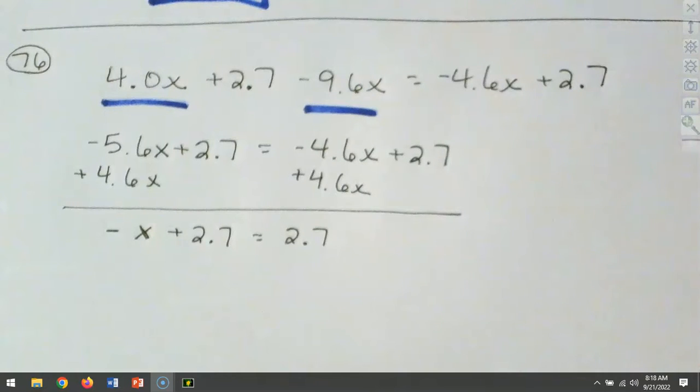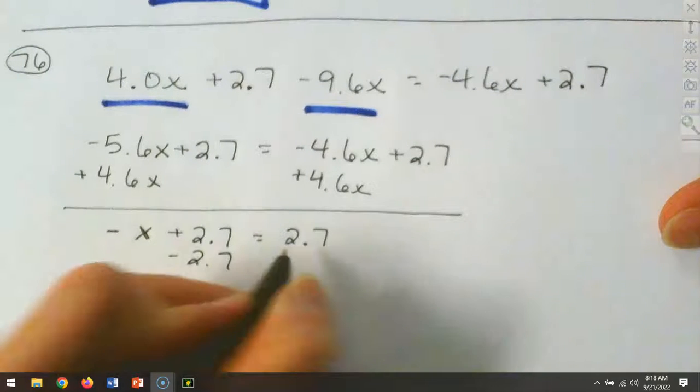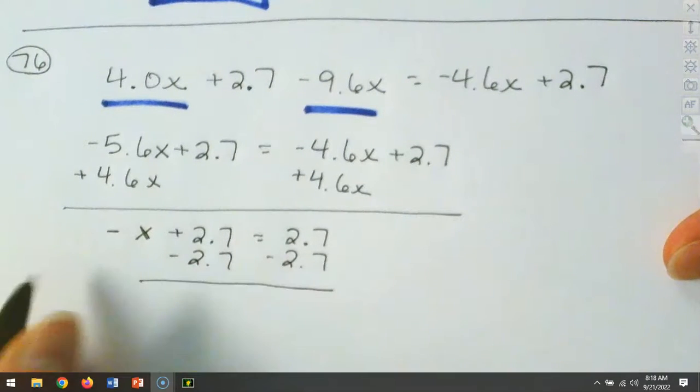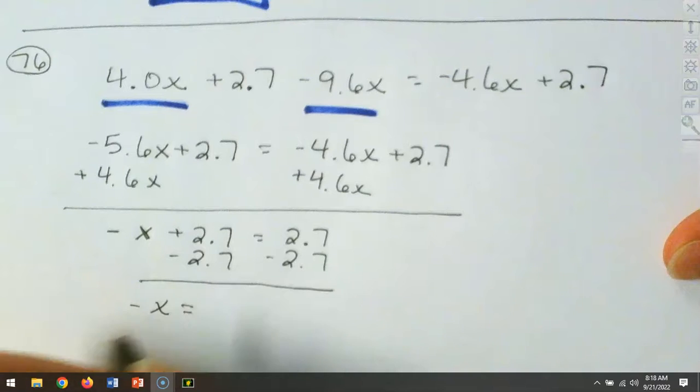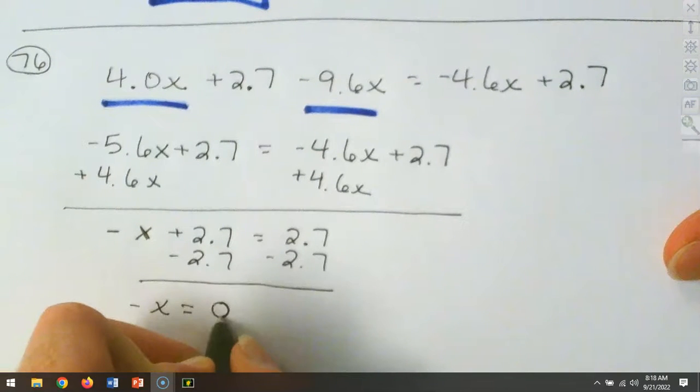Now sometimes students make mistakes here. What's going to happen with the 2.7? I need to move it over, right? Right now it's positive, so I would move it over with a negative. And now we've got a negative x equals 0. Okay, and that's what we wanted.